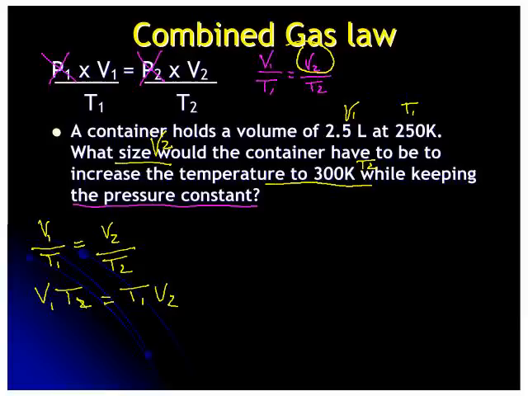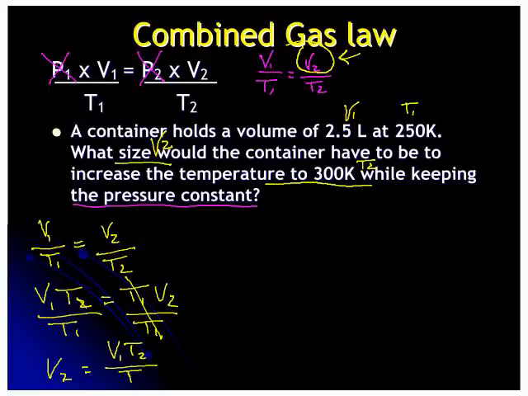Okay, again, always look back. We're looking for V2, so we want to get V2 by itself. That means T1 cancels, and I get V2 is equal to V1 times T2 divided by T1.